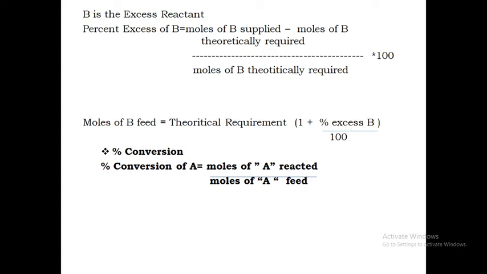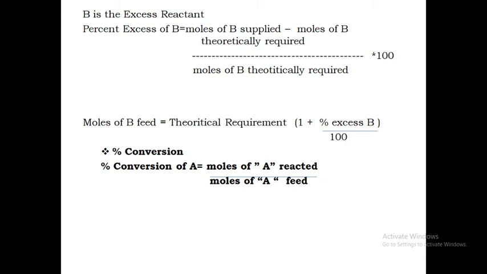How will you find the moles of B fed or supplied? From this equation, cross multiply: percentage excess of B into moles of B theoretically required. The minus sign goes to this side as a plus sign, plus moles of B theoretically required.